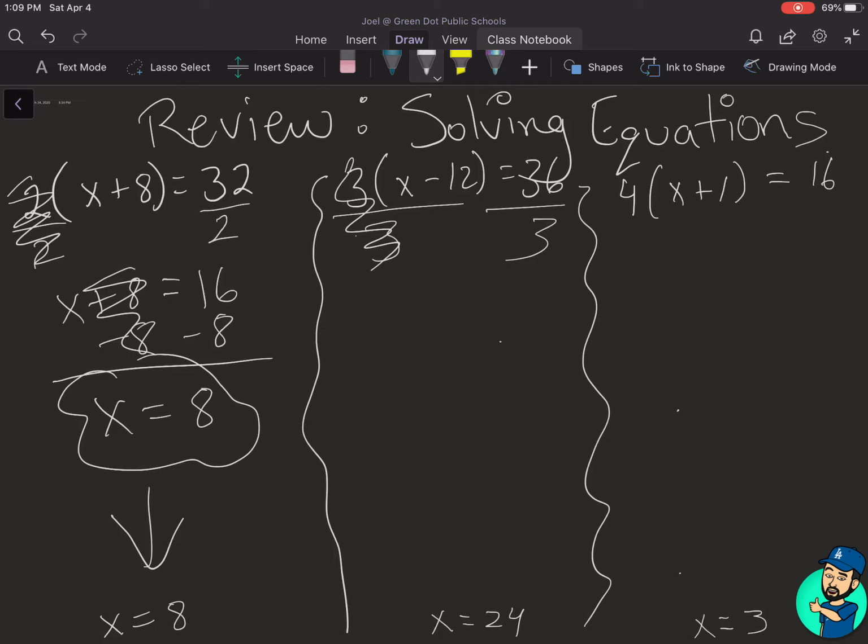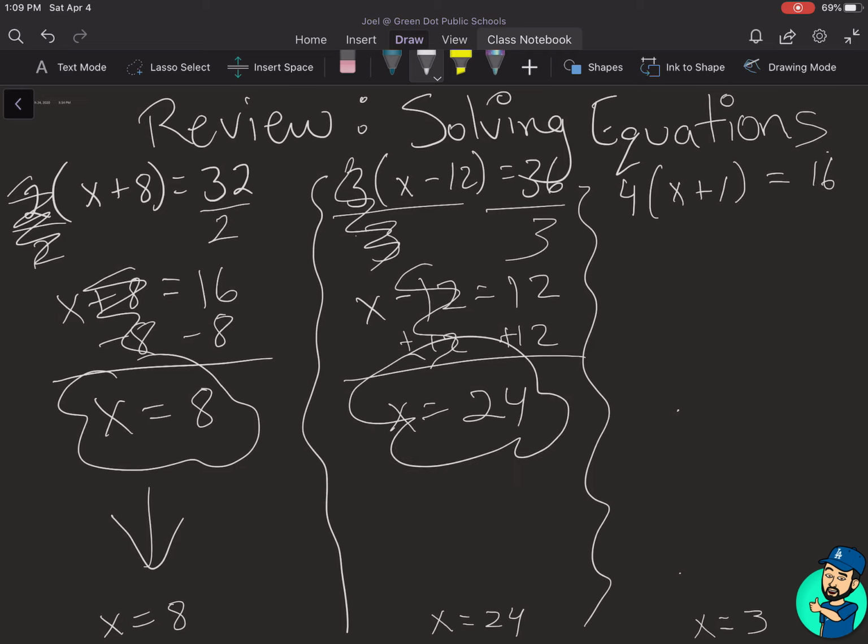I'm going to write down x minus 12 equals. Now 36 divided by 3 is 12. Now I'm going to add 12 to both sides. X equals 24. Now look at the bottom. Same answer.